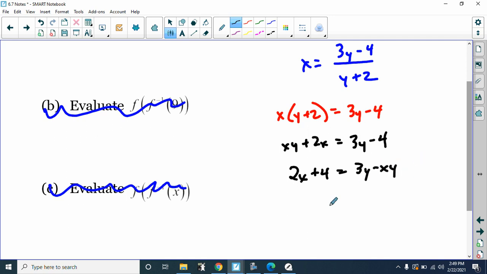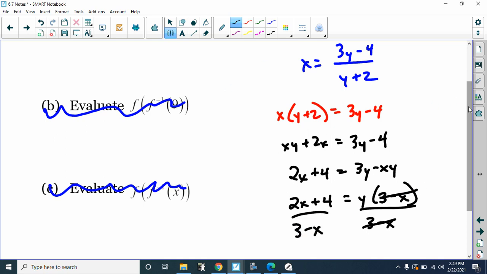Remember, I'm trying to solve for y, so we're going to factor a y out here, and divide by whatever's left over. And I've got y by itself. So the inverse, f inverse of x, is equal to 2x plus 4 over 3 minus x.